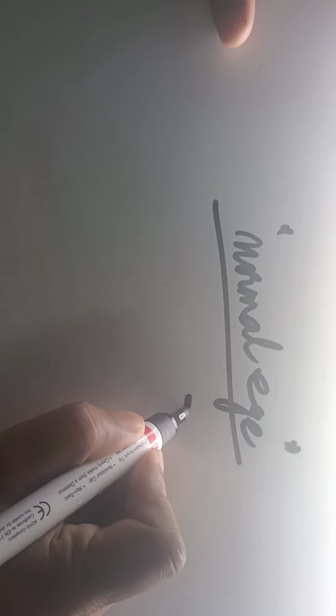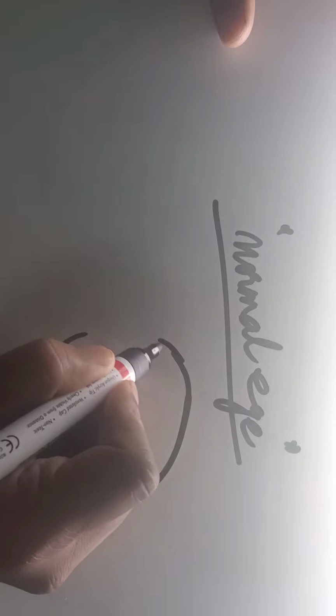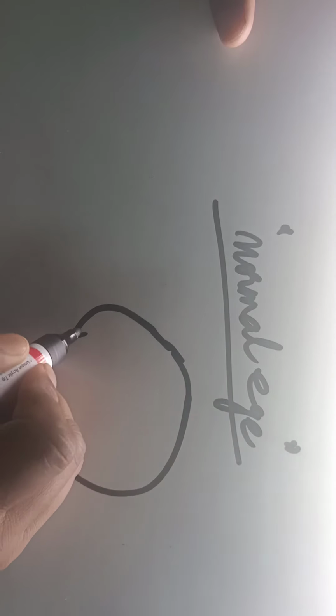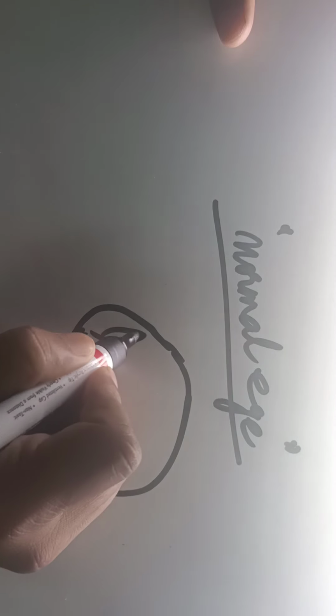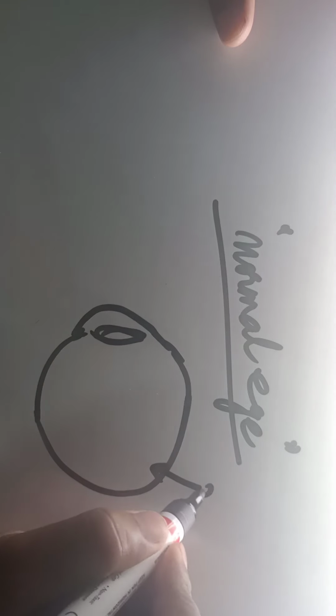Before we discuss the defects of vision, first let us see what is a normal eye. Let us suppose that I am drawing an eye. Here you have the lens, and over here is the retina.